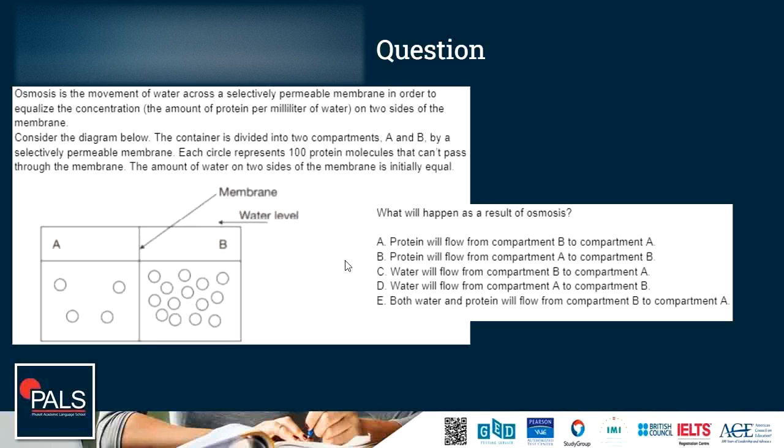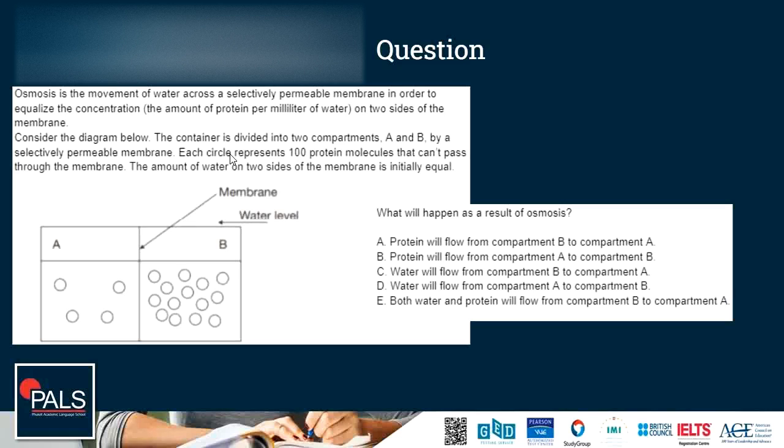The answers that we can exclude are A, B, and E, because it says protein moves across the membrane. But we learn from the text above that protein can't pass through the membrane. So it's either C or D.